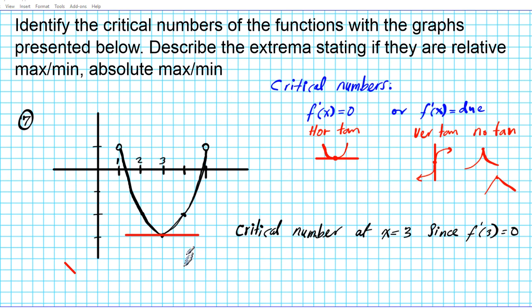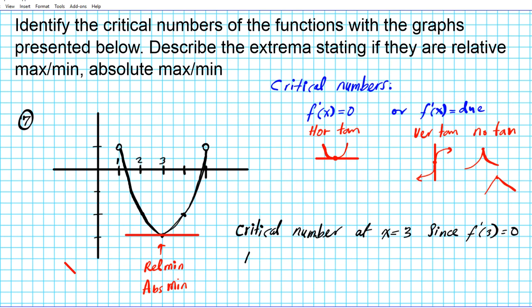Now how about extrema? Let's describe the extrema here. This is a low point, so it's automatically a relative min. And if you look at this function, it is the lowest point on the entire function, so it's also your absolute minimum too. So what do we have at this critical number?